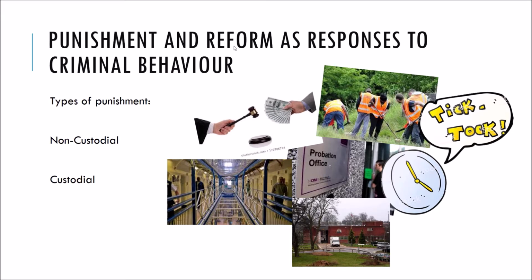A custodial sentence is one where you are put into prison or a secure unit. Prison sentences are usually given when an offence is quite serious, and therefore imprisoning them and removing them from the streets is the only suitable sentence to give. Now, the prison population at the moment, I think this is 2019, there were about 82,868 prisoners in 2019.